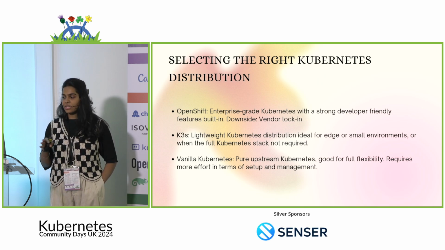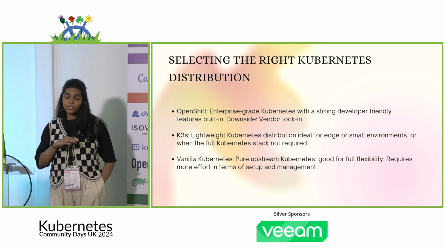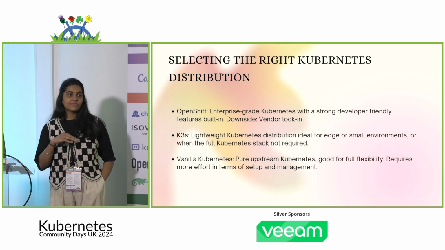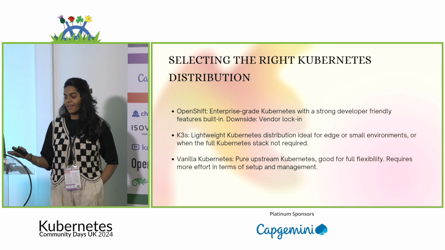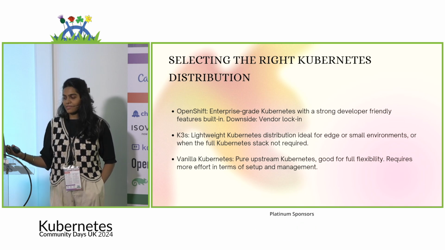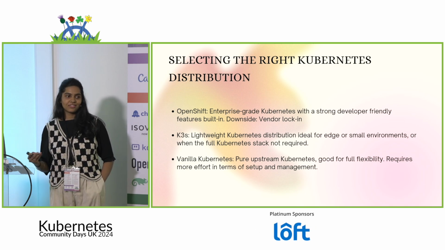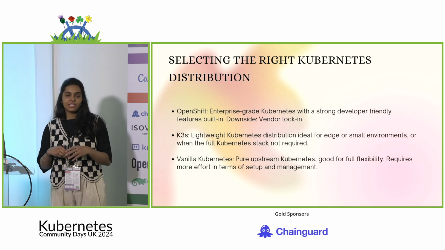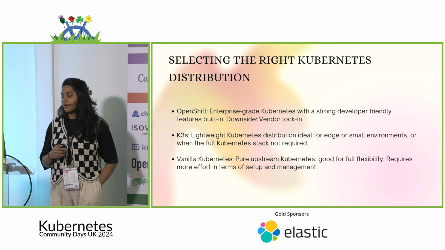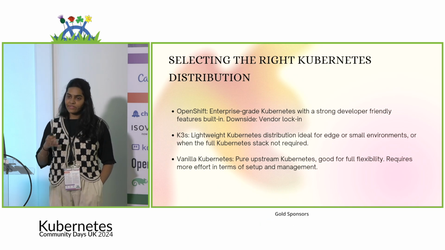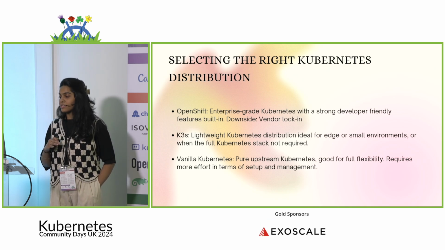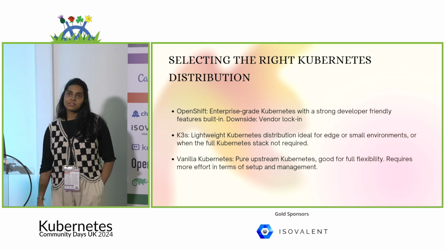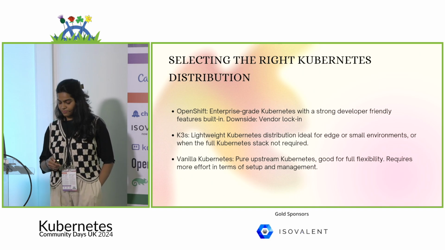Whenever the full Kubernetes stack is not required, that is when you can use K3s. Sometimes there are instances when my laptop cannot support a full Kubernetes environment, and that is the time when I use K3s. And then you can even choose vanilla Kubernetes. It is the pure upstream Kubernetes, and it is helpful for full flexibility.